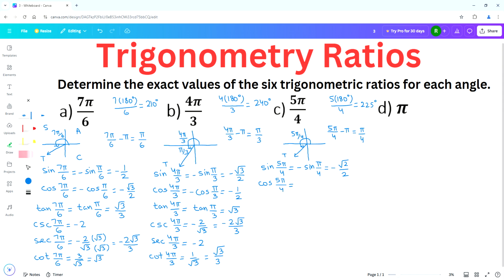Cos is negative in quadrant 3. As per the special triangle for pi over 4, cos pi over 4 is equal to 1 over square root 2 or square root 2 over 2.